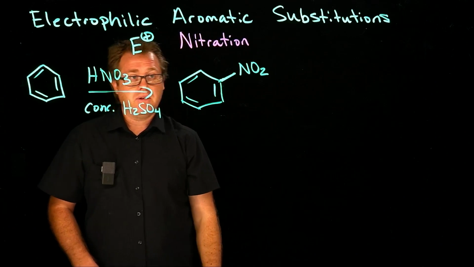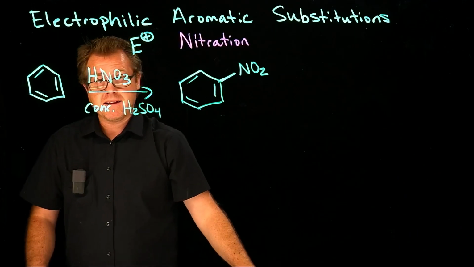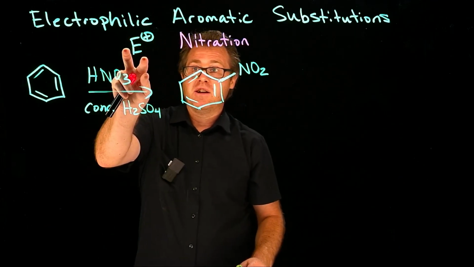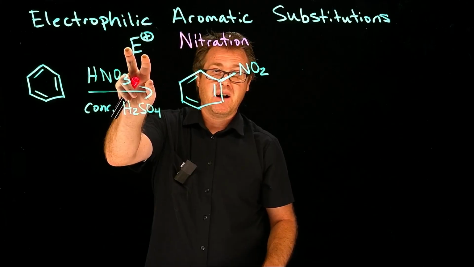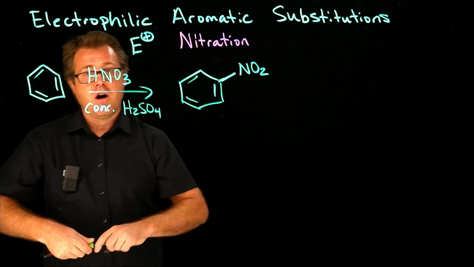And in order to do this, we're following the same general electrophilic aromatic substitution. We need to generate a strong electrophile, and that's what the sulfuric acid is going to help accomplish here.